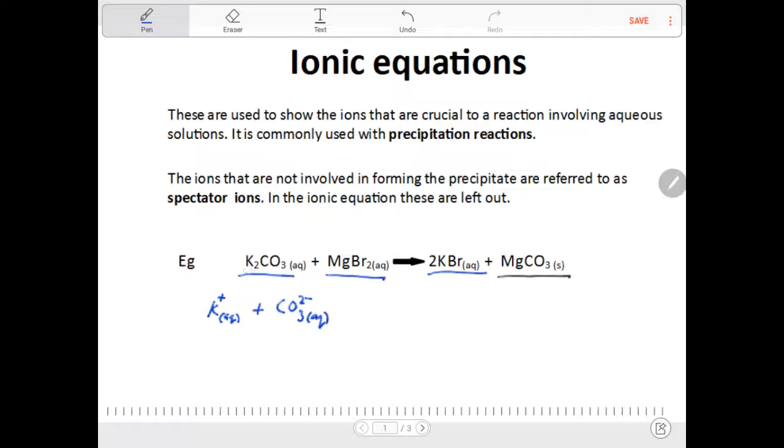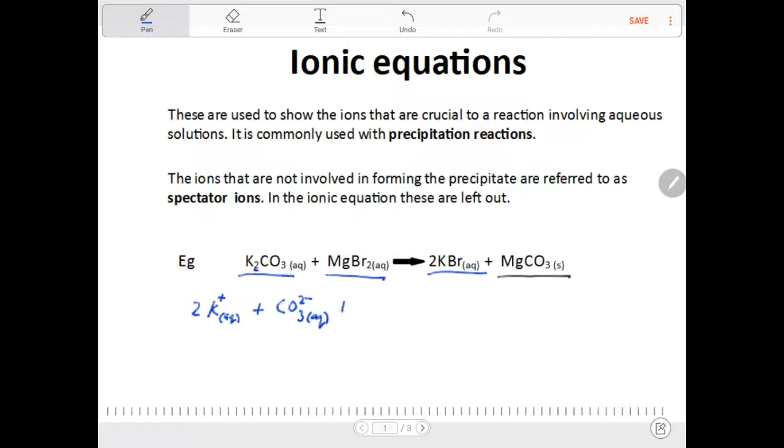which is CO3 2-. So notice I've included the state for each of these. Don't forget there are two potassium ions, so we need to put a 2 there. That seems strange. We'll talk more later about why that is, but the fact is that there are actually two separate ions floating around, so we need to represent it with the 2 at the front.